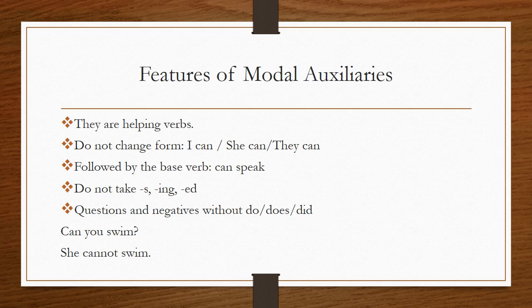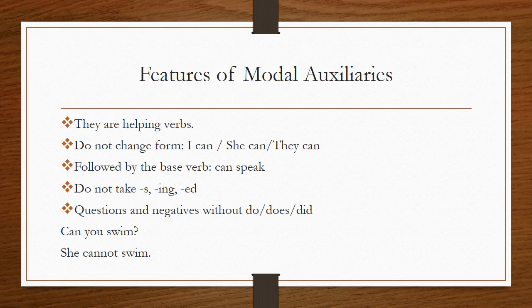Features of modal auxiliaries. Modal auxiliaries have several special features. First, they are helping verbs. Second, they do not change form according to the subject. For example, we say, I can, or she can, or they can.